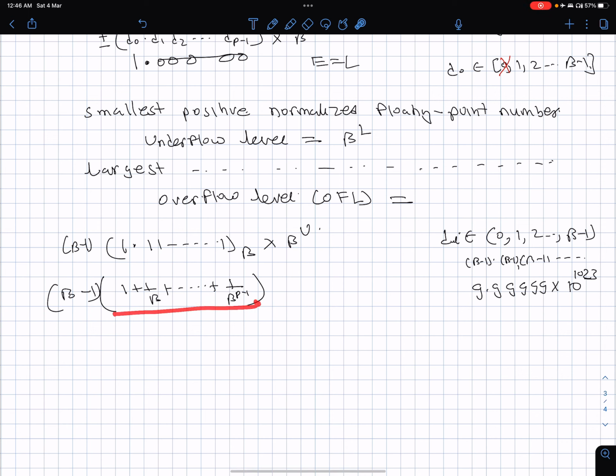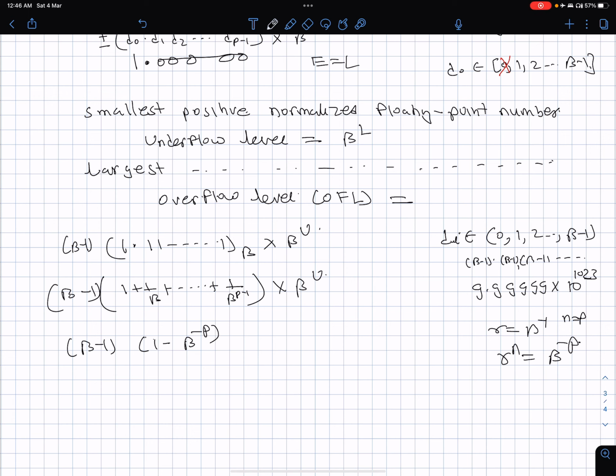Into beta to the power U, and now you write the geometric progression for it. So the first term is 1, r is beta to the power minus 1, so r to the power n is beta to the power minus p, because n is equal to p.